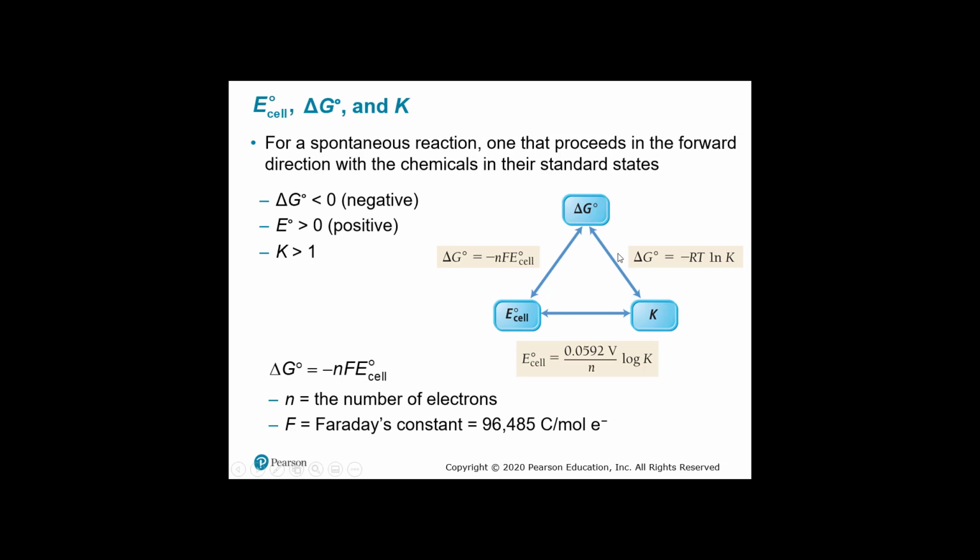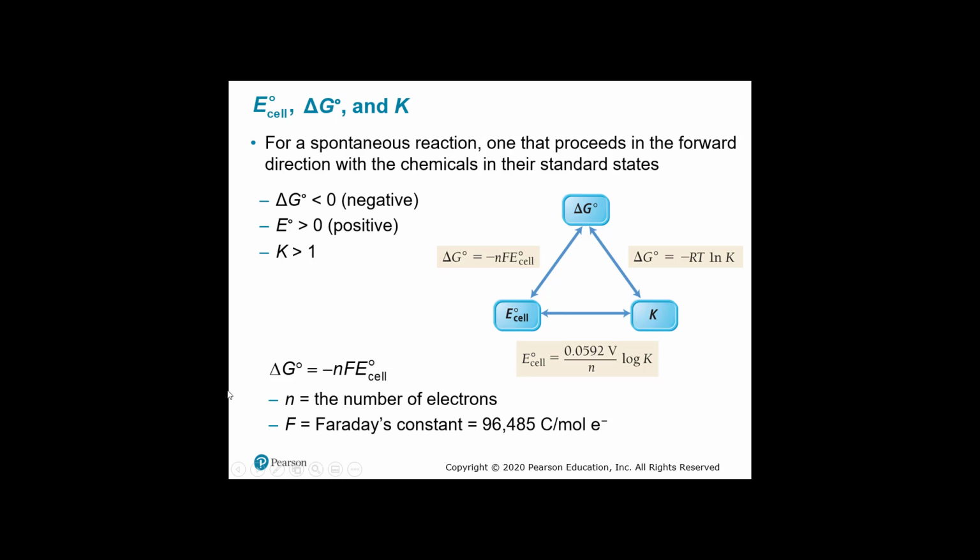These are some examples. When you want a spontaneous reaction, remember that we want delta G to be less than 0. It's got to be negative. If we want a cell potential, it's got to be positive, and we want the equilibrium constant to be above 1. So these are the conditions we are interested in for a spontaneous oxidation reduction reaction.